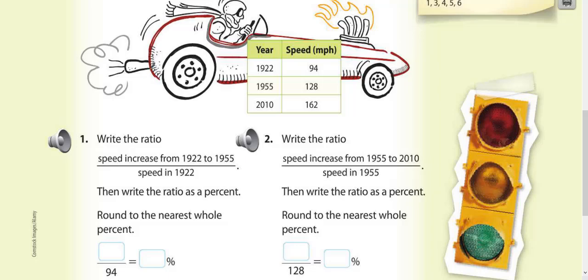So whenever you're doing percent of change, we have two things that we use. We use, and I'd like you to write this in, how much it changed, that's always the first thing, and that's always divided by where it started.